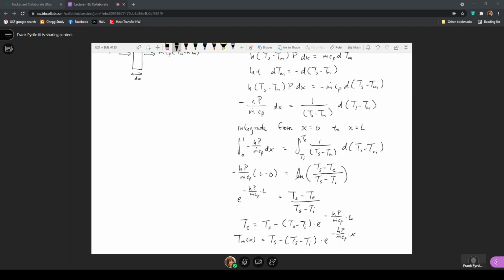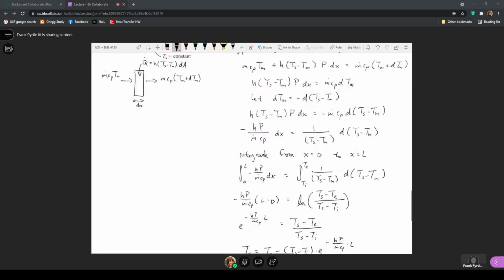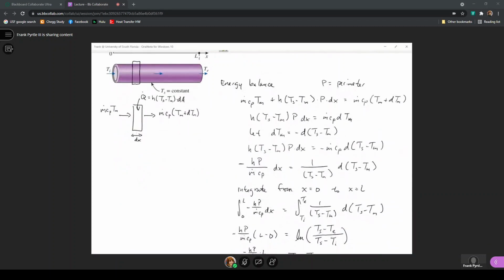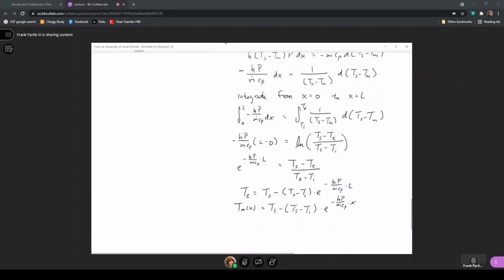And as x goes to infinity, this term goes to 0, and all I'm left with is that the temperature of the fluid at x equals infinity would just be the surface temperature, which is the limiting temperature here. The highest temperature that this fluid can come out of the pipe at would be the surface temperature, which is a constant. So this expression then becomes an expression for the fluid temperature as a function of x when we have a constant surface temperature on the wall.